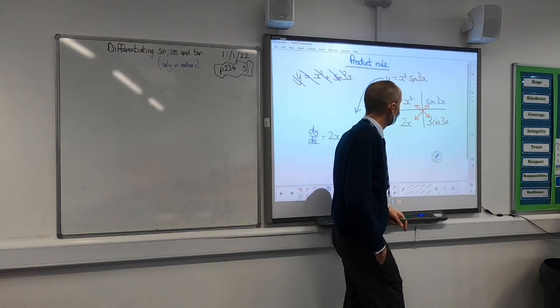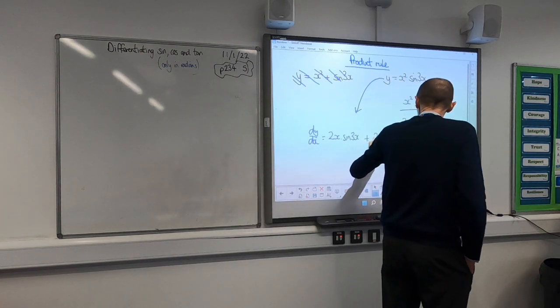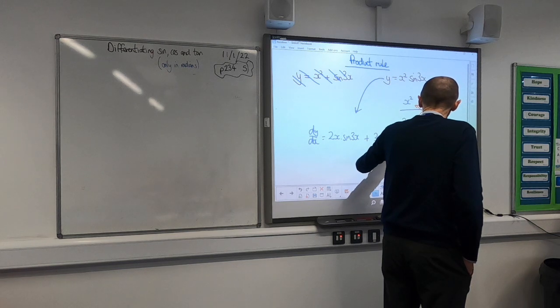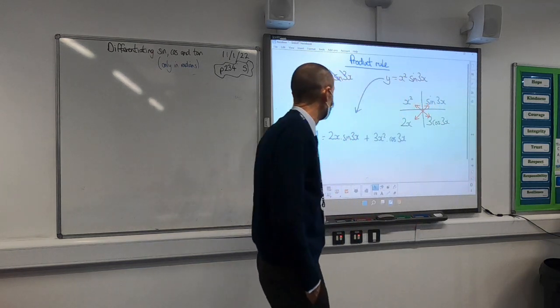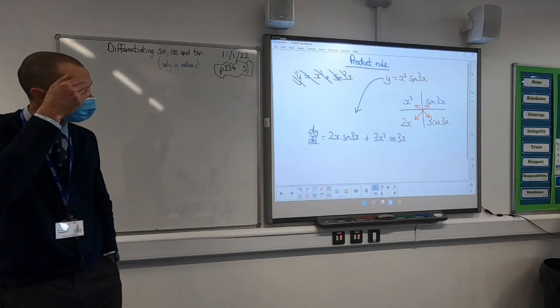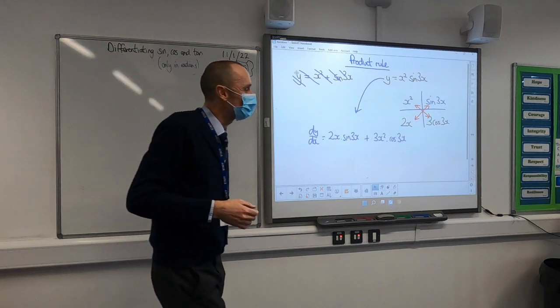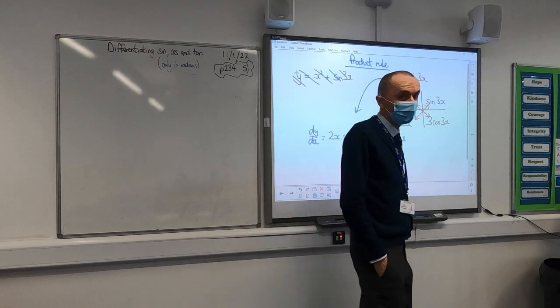I've got x squared times 3 cos, so I'm going to write that as 3x squared cos 3x. You don't need the dot, actually, no. So it's those two things multiplied together, added to those two things multiplied together.